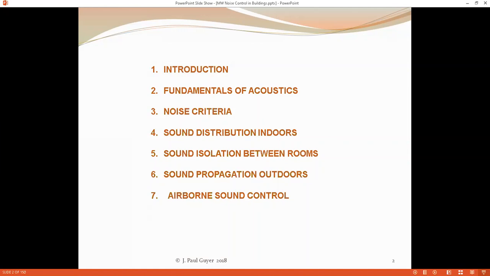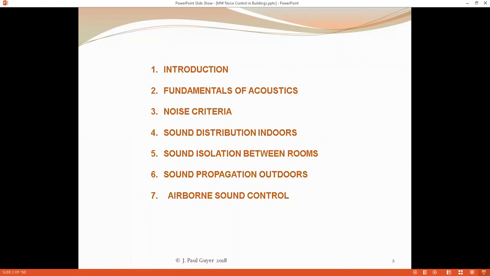So the noisy room is where the sound comes from, the source, and the receiving room is the room where the people are that you are concerned about not being disturbed. Sound isolation between rooms, we'll talk about that because that's what you're doing, is you're acoustically isolating the noisy room, the source room, from the receiving room.